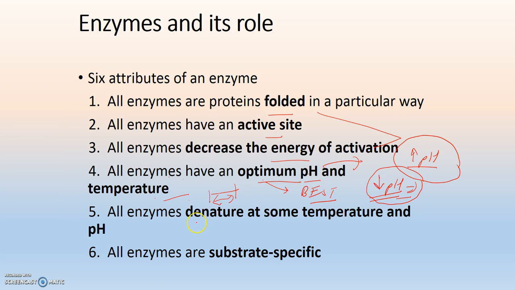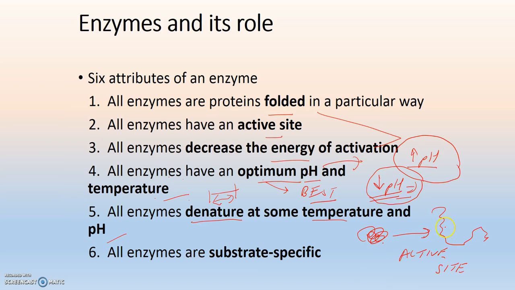But all enzymes, interestingly, denature at some extreme temperature and pH. And this can be understood because enzymes are folded structures. If you are going to mistreat it or expose it to extreme temperature, it is going to unfold, and once it unfolds, it loses its shape and therefore it loses its active site. That is something that you need to understand.